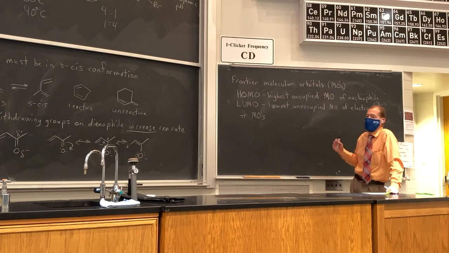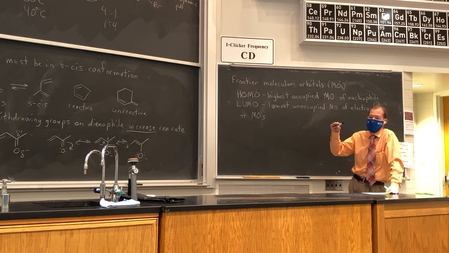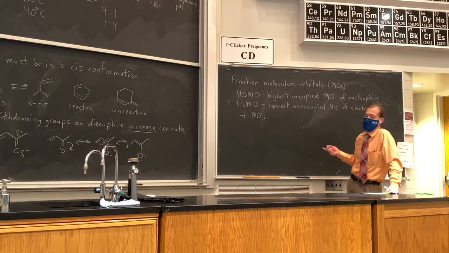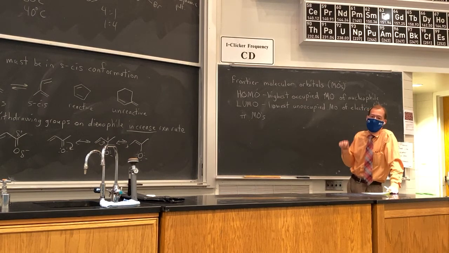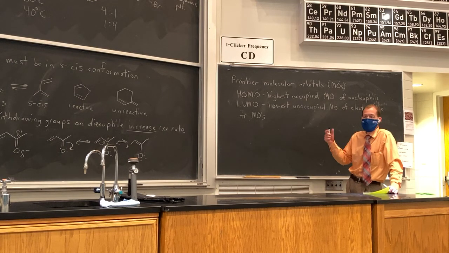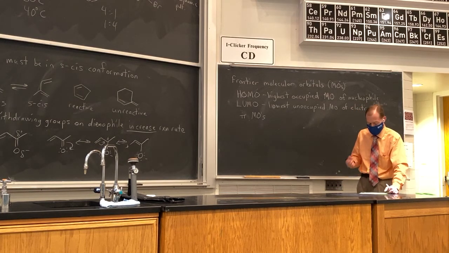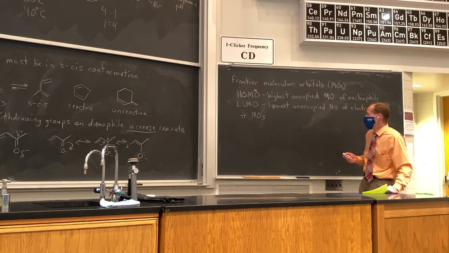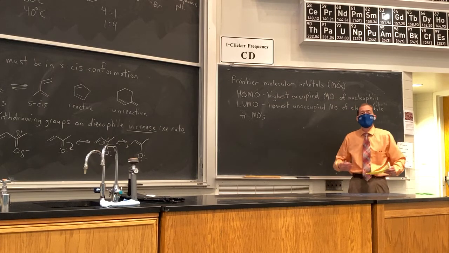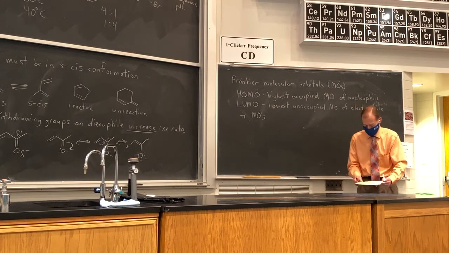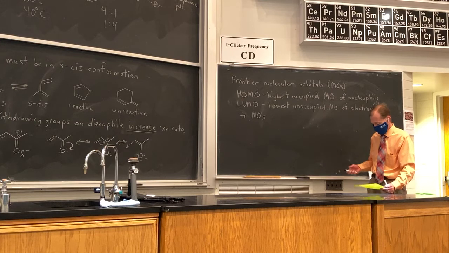So the occupied pi molecular orbitals will be higher in energy than the occupied sigma molecular orbitals. Conversely, the unoccupied pi molecular orbitals, or the pi star molecular orbitals, will be lower in energy than the unoccupied sigma molecular orbitals. So these pi molecular orbitals are going to be on the frontier, and so they're the only ones we need to consider as we're thinking about molecular orbitals and the Diels-Alder reaction.